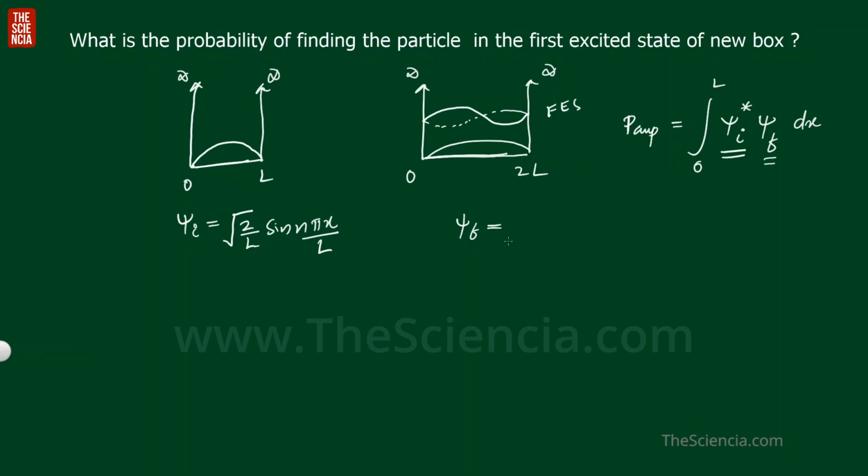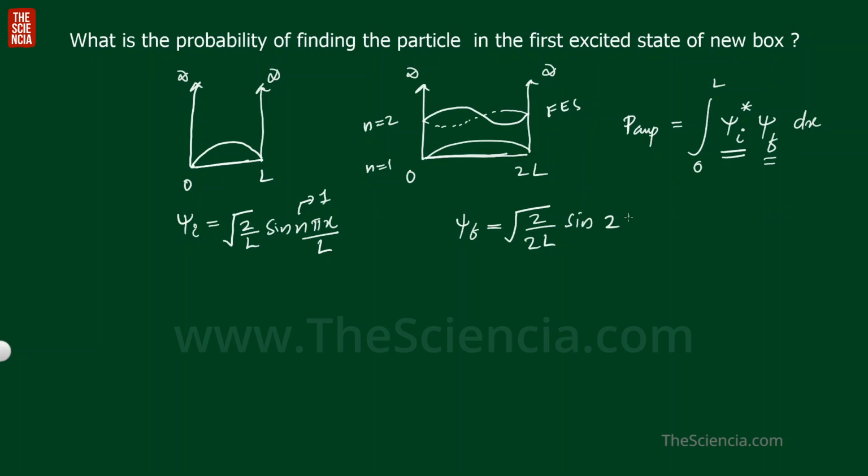That will be root 2 by the length of the box, which is now 2L, sine of n pi x by 2L. n equal to 1 is the ground state, n equal to 2 is the first excited state. So the n value here is 2, and here it is 1.